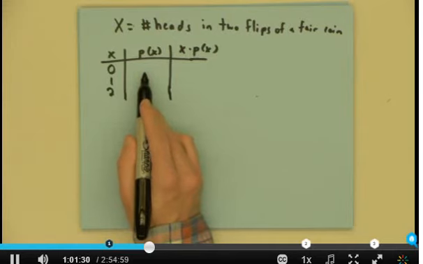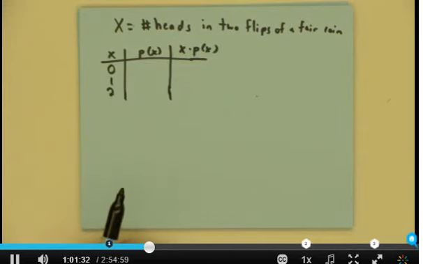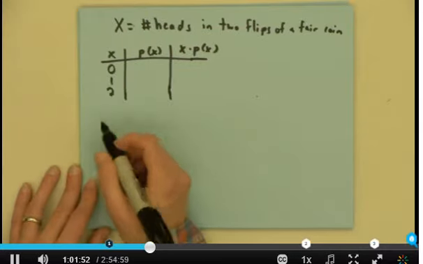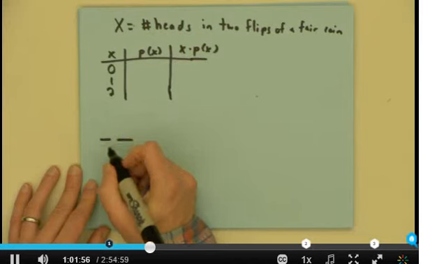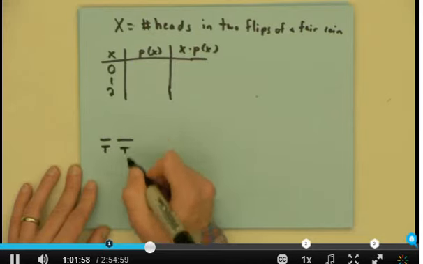What's the probability I get 0 heads? Anyone know? Well, 0 heads would be tails and tails.